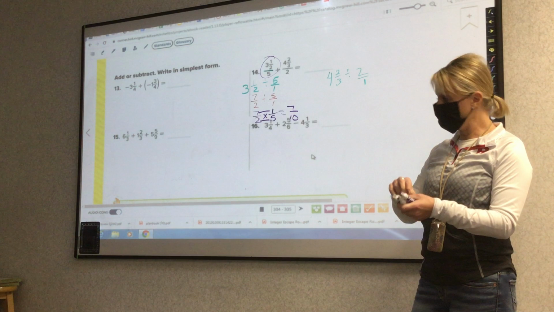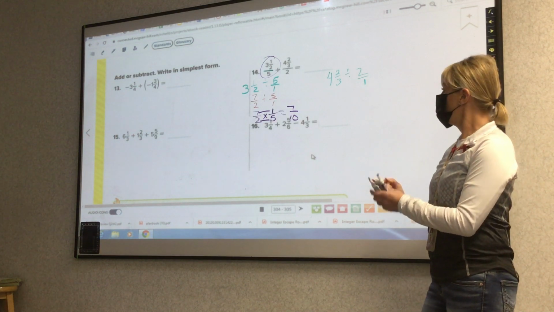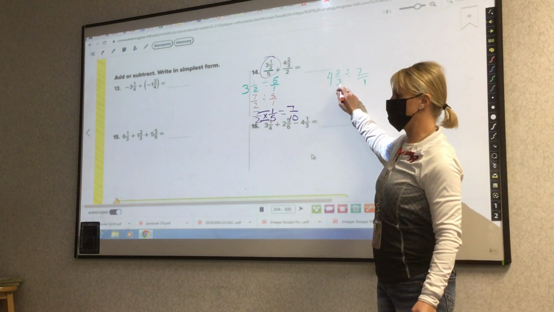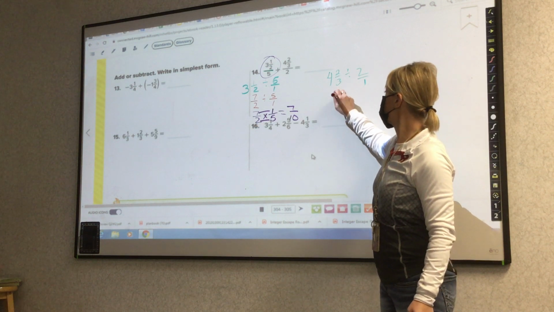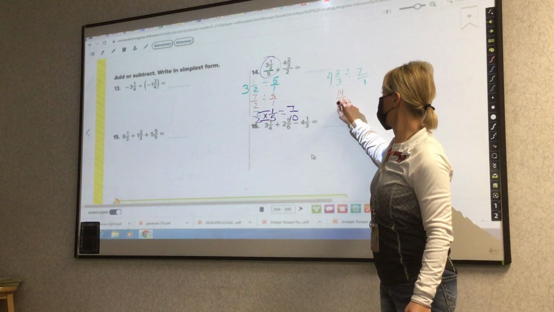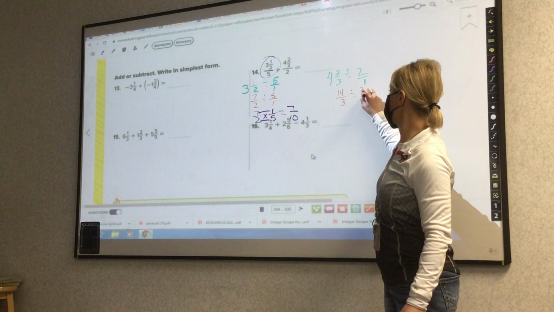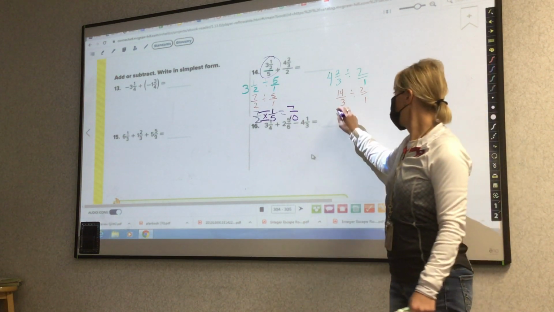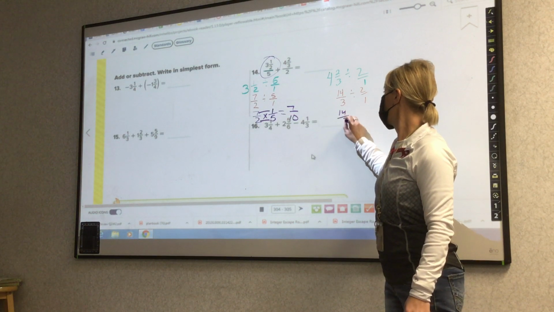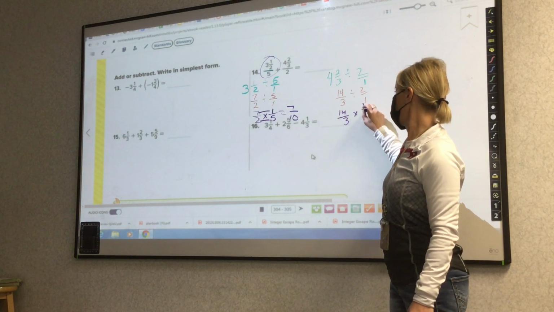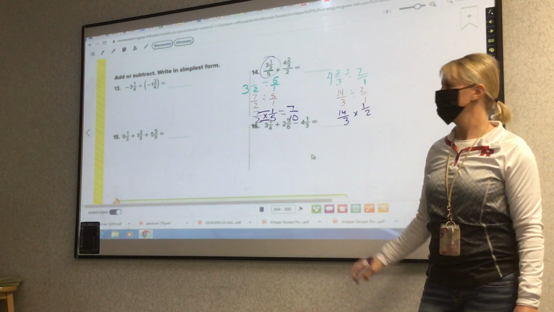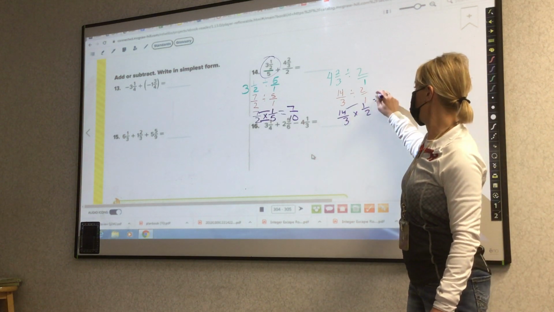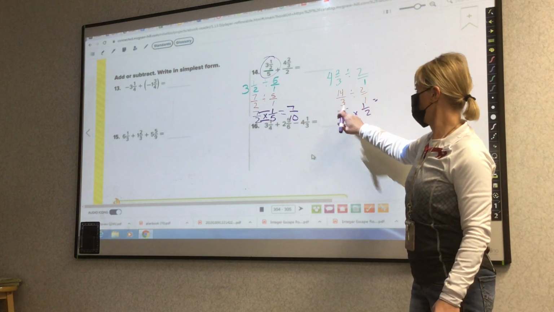Change the mixed number to an improper fraction. 4 times 3 is 12, 12 plus 2 is 14, so I have 14/3 divided by still 2 over 1. Then I follow my rules of division. Keep, change, reciprocal.